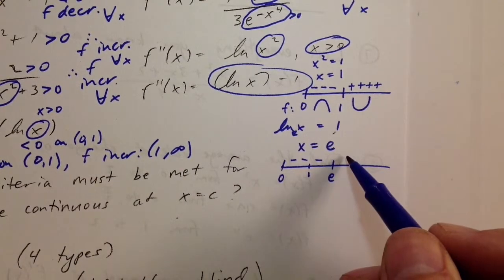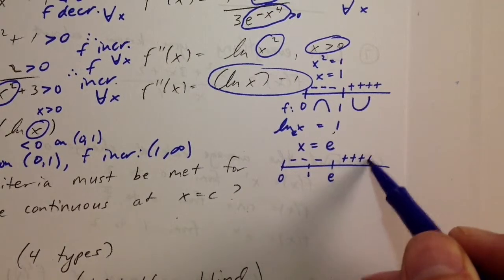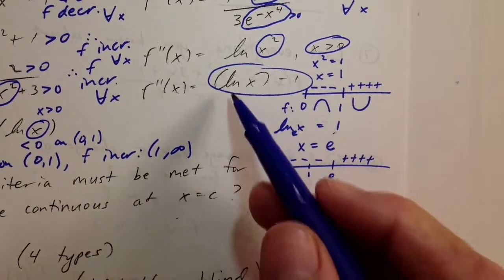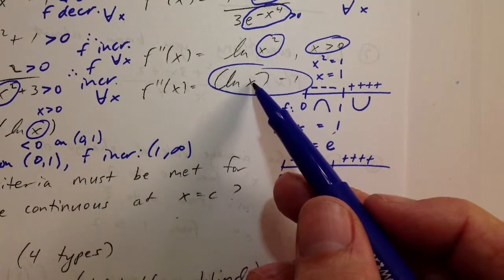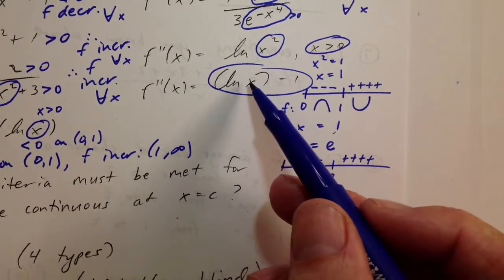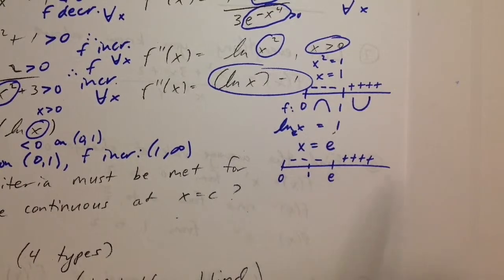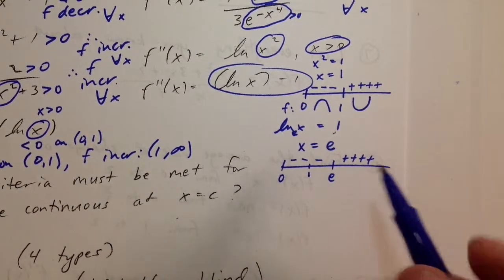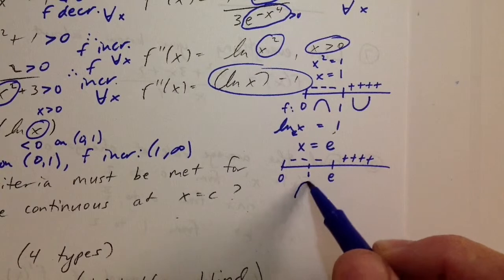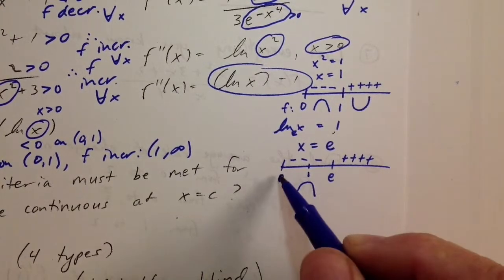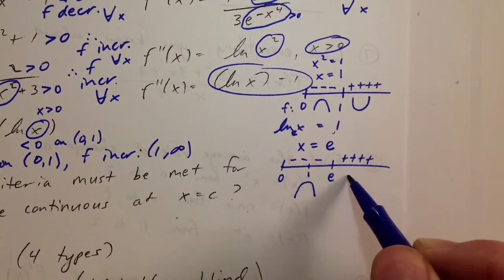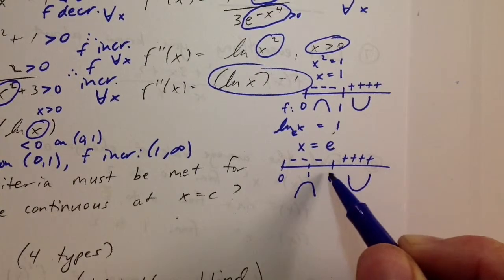And then when I replace x with a value that's greater than e, the second derivative then would be positive, because ln of a bigger number than e would be a bigger number than 1. And I subtract 1 from that, and I get a number bigger than 0. So anyway, that again shows us that f is concave down on the interval from 0 to e, and concave up on the interval from e to infinity.